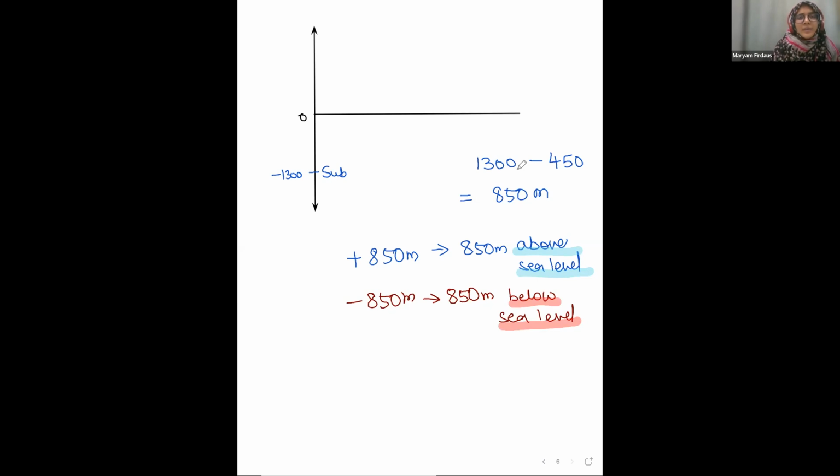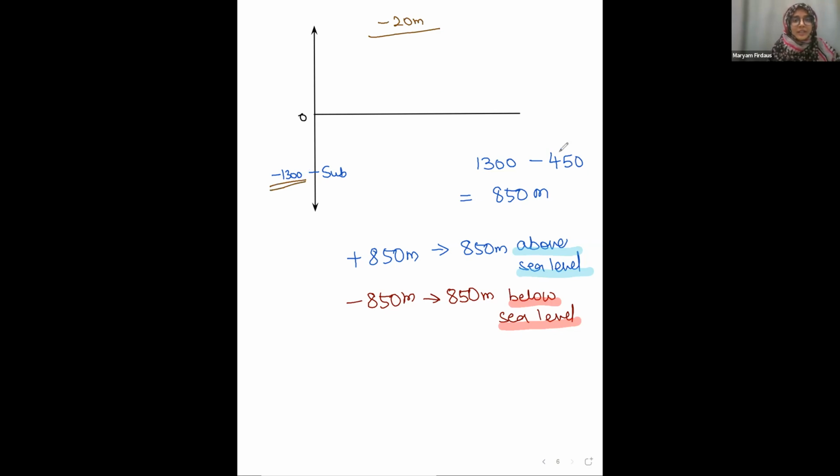Now, Hiba, if you just want to let people know that something is 20 meters below sea level, without writing above sea level or below sea level, you will say minus 20. The position of that object is minus 20 meters. So that is why I began by writing minus 1300 meters.